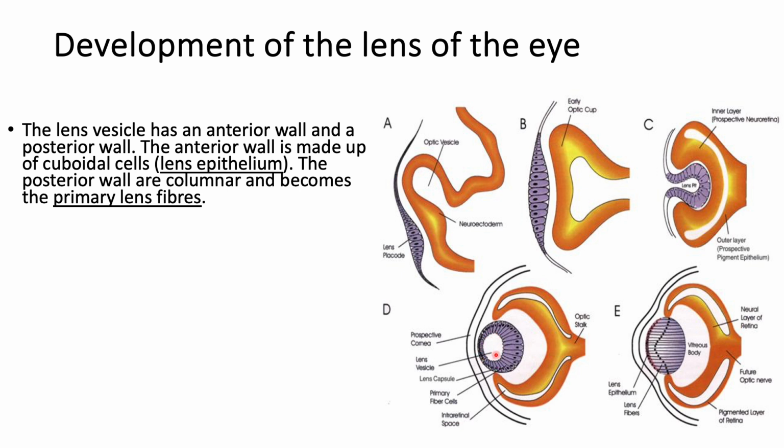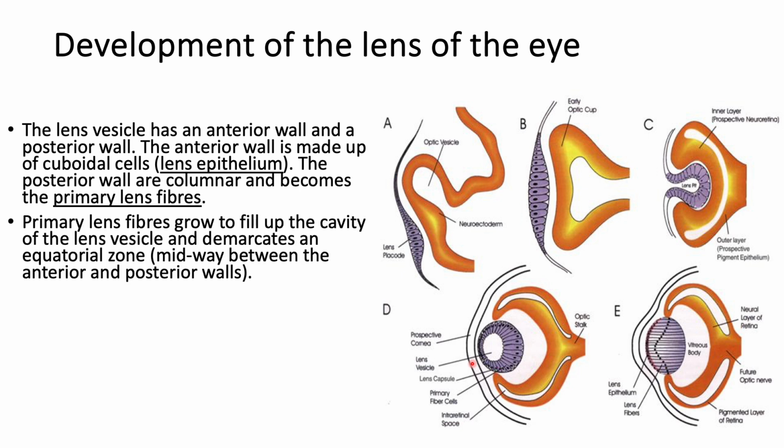Between the anterior and posterior layers is a cavity. Now what happens is that the anterior layer will continue to grow and fill up the cavity. Once that goes on, there is a demarcation of a layer in between the anterior and the posterior.